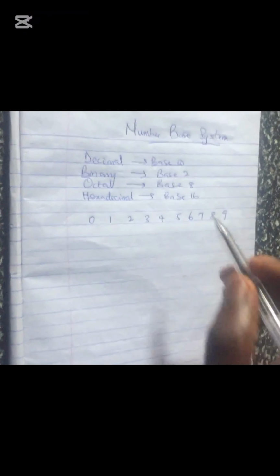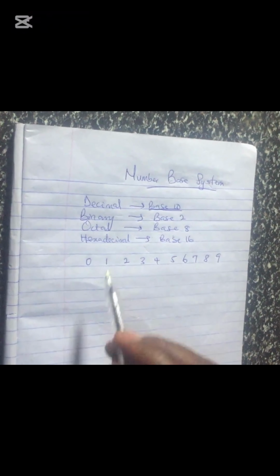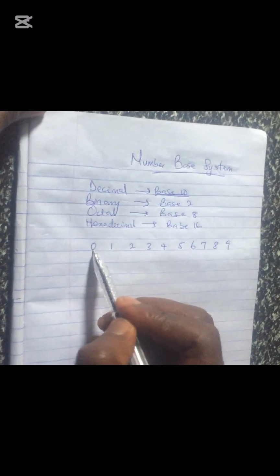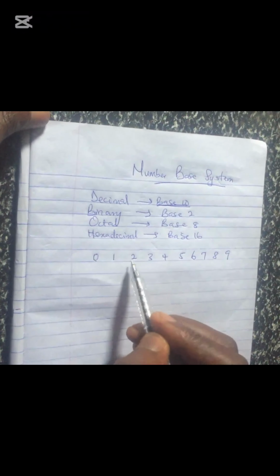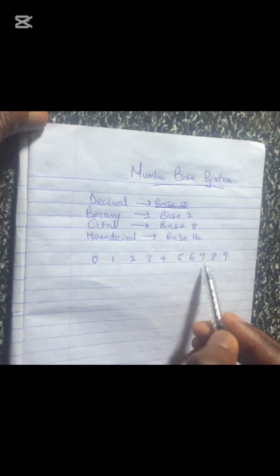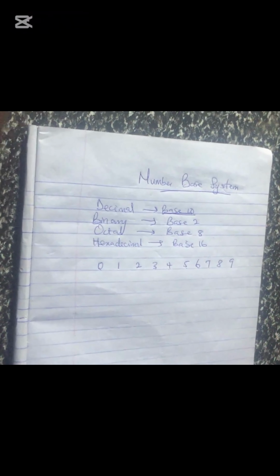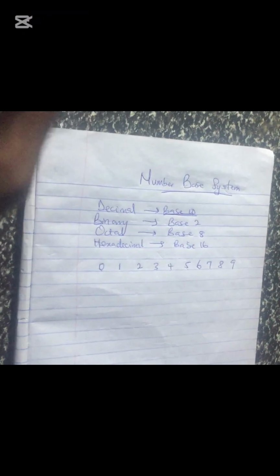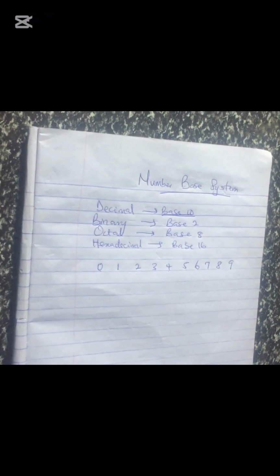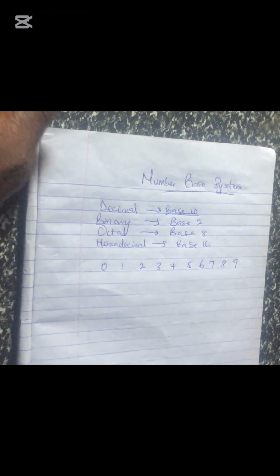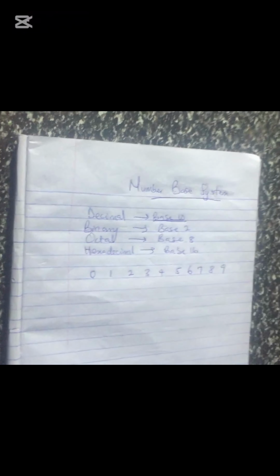That's why, if you count the digits 0, 1, 2, 3, 4, 5, 6, 7, 8, 9, you can see that for base 10, we have just 10 digits, from 0 to 9.